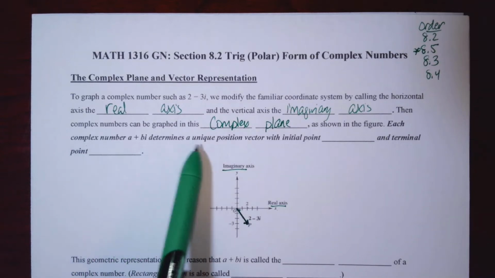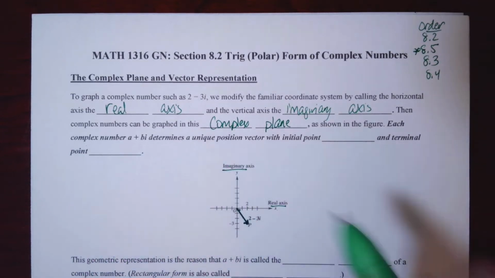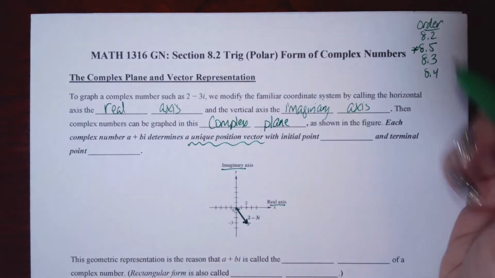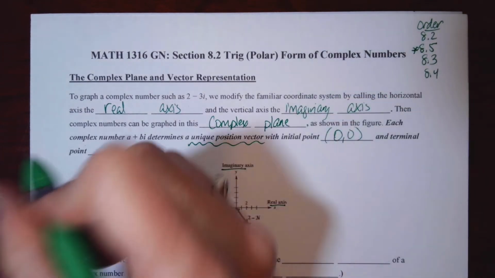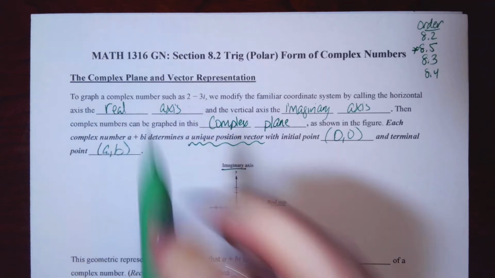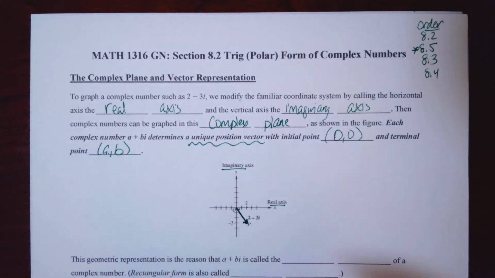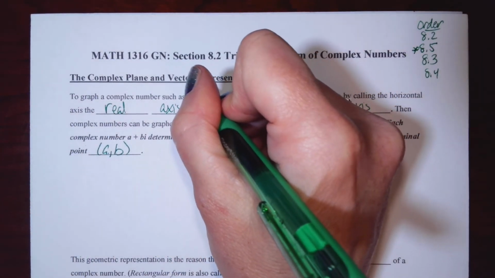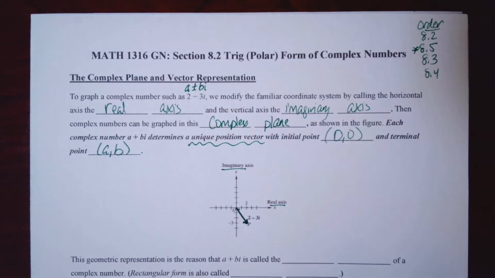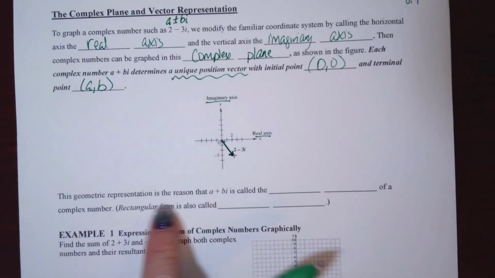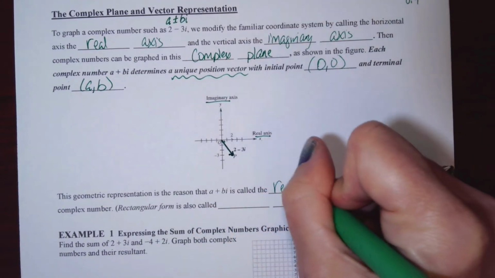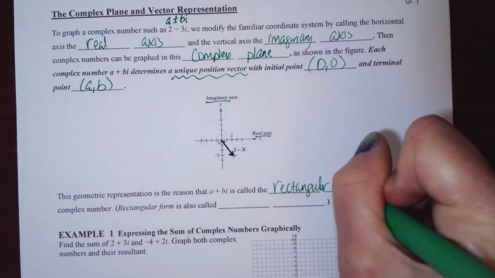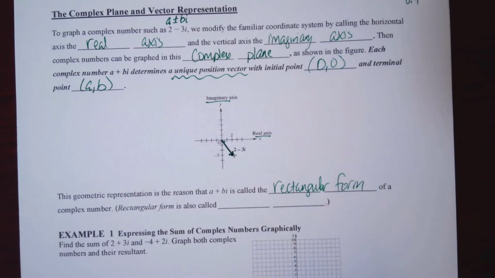Each complex number determines a unique position vector with the initial point at the origin and the terminal point at whatever those values are for the real part and the imaginary part. Remember, this is a plus or minus bi, that standard form for my complex number. This geometric representation is why a plus bi is called the rectangular form of a complex number.